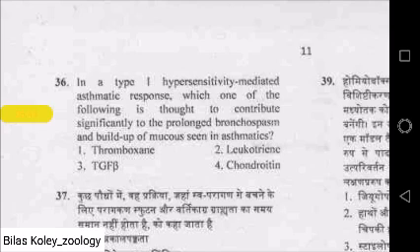Now we will discuss question number 36. In a type 1 hypersensitivity mediated asthmatic response, which one of the following is thought to contribute significantly to the prolonged bronchoconstriction and build up of mucus seen in asthmatics?